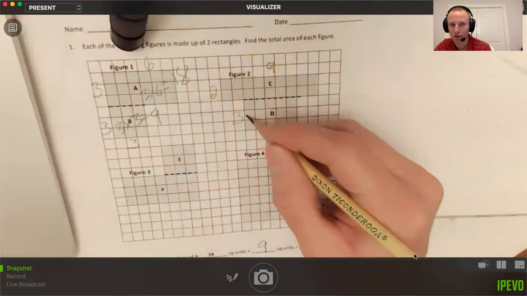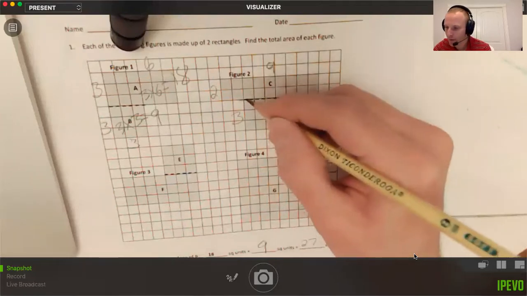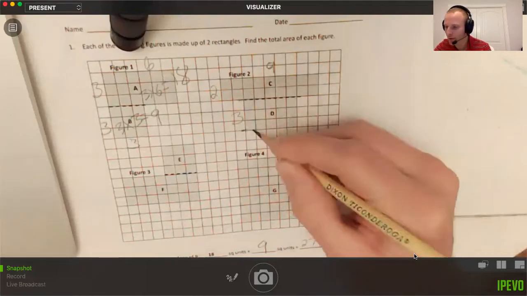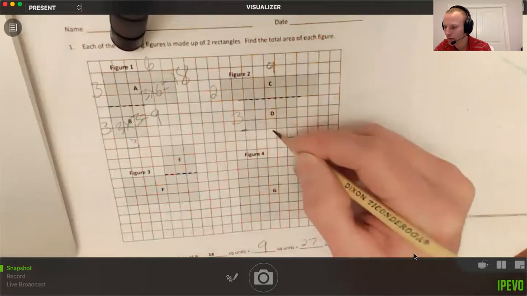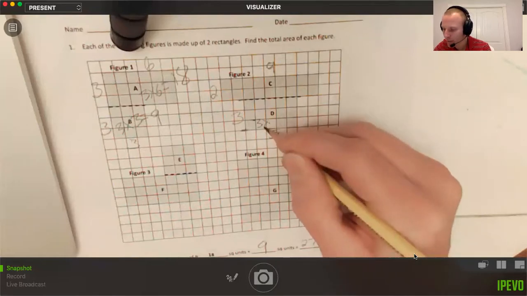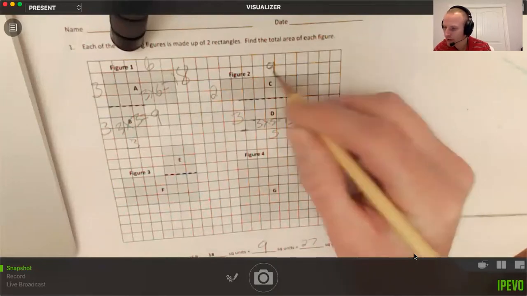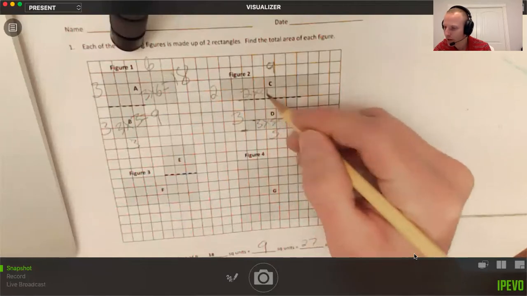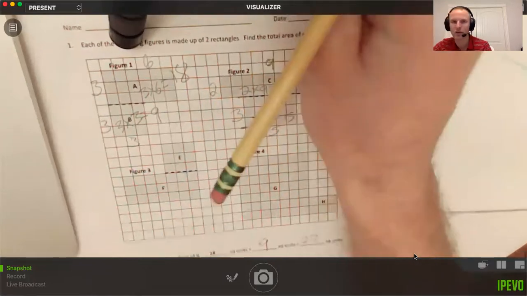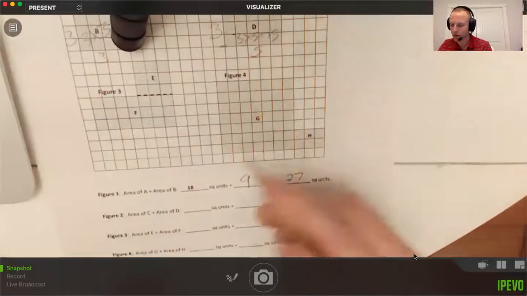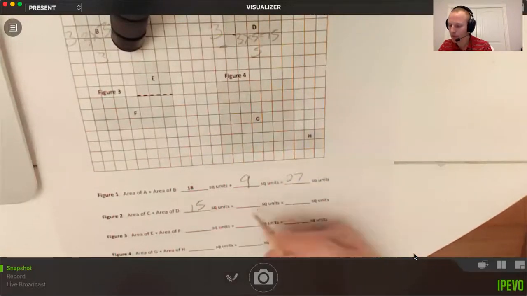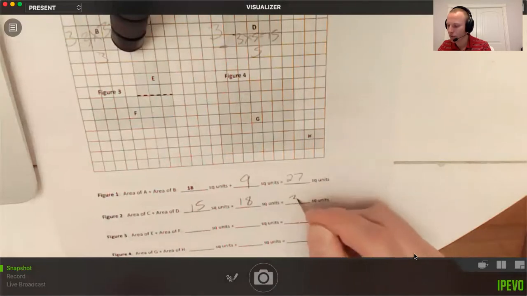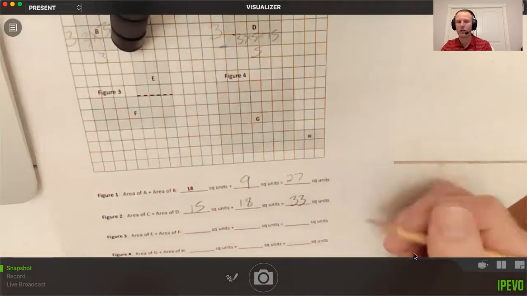Again, I'm only counting from right there to right there times 5. Well, 3 times 5 equals 15, and 2 times 9 equals 18. So I'm going to come down here and say that I have 15 square units plus 18 square units, which adds up to 33 square units.